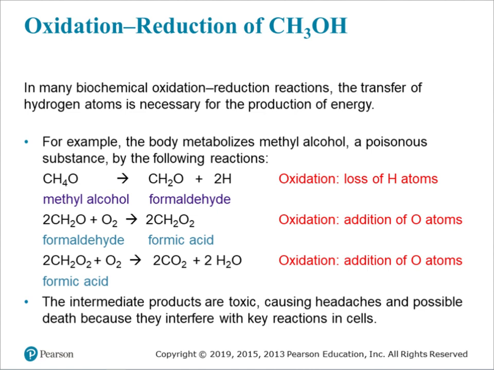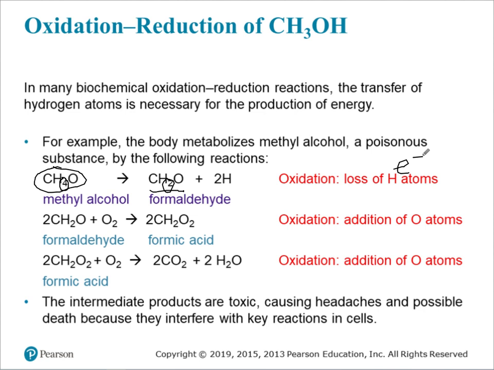But if for whatever reason your body is forced to do this, it can take methyl alcohol, which is right here, and it can form formaldehyde. Notice that you went from 4 hydrogens to 2 hydrogens. So we lost hydrogens. That means that we lost electrons. So we oxidized the methyl alcohol.